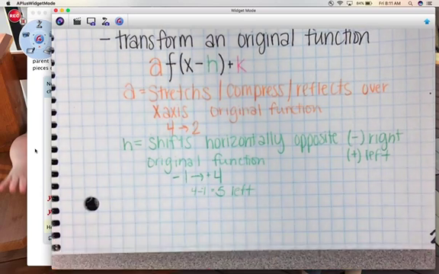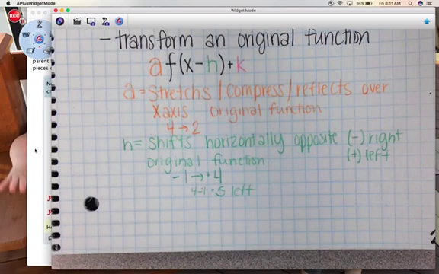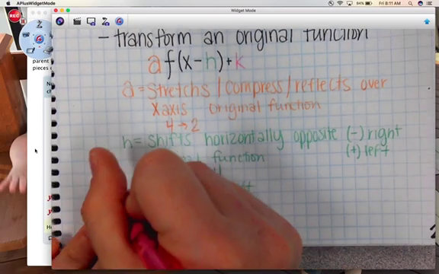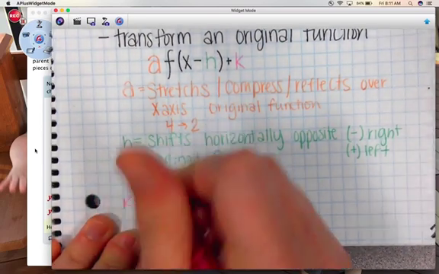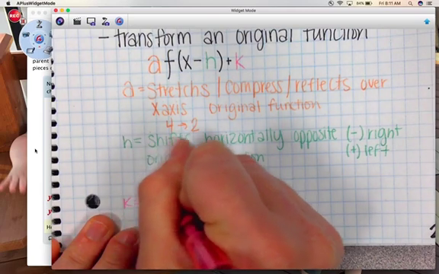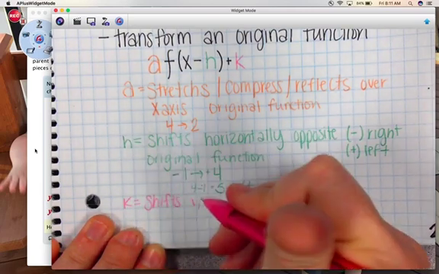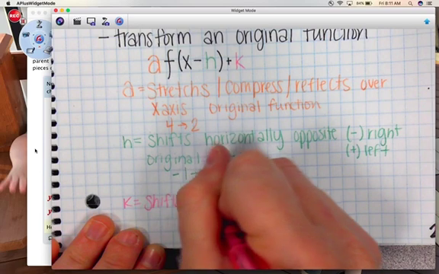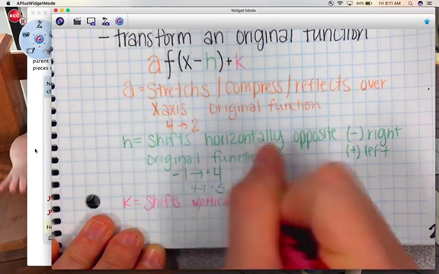Okay, and then the k value, I use pink, the k value shifts vertically, again the original function.